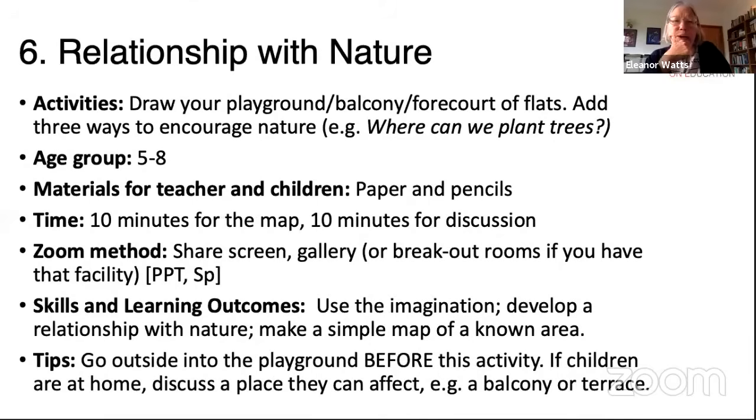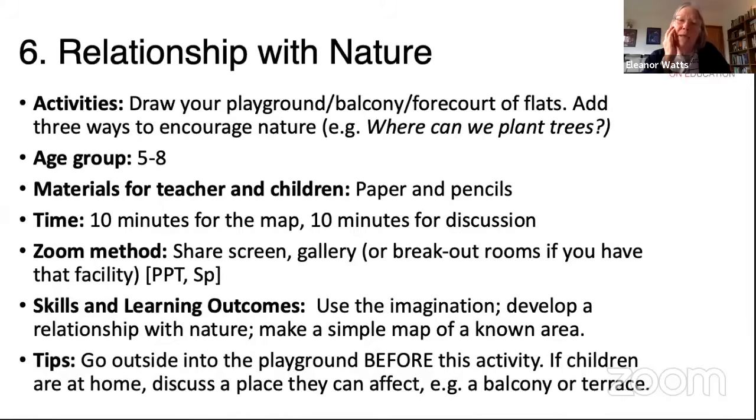Now, let's go on to the 6th element of the brain, and that's the relationship that we have with nature. It's difficult for children who are perhaps living in a flat to imagine how they relate to nature. But let's ask them to think back to the time when they came to school, the school that they perhaps haven't seen for a year, and their playground.